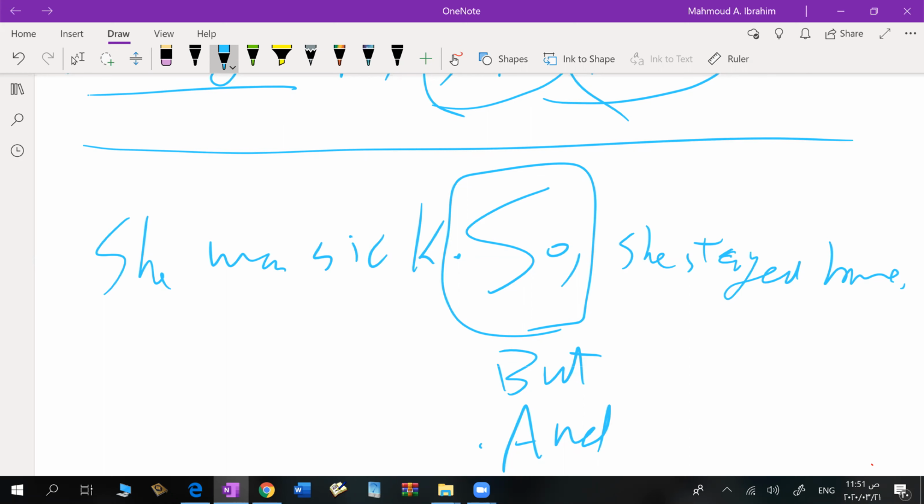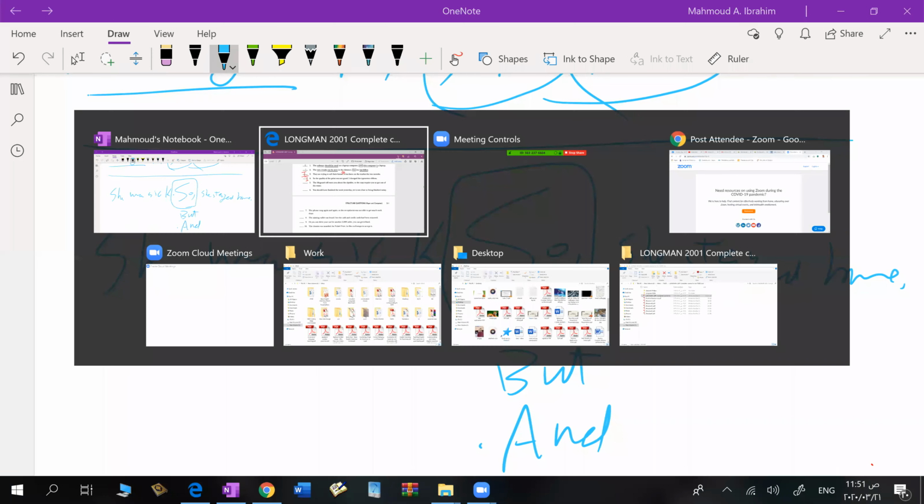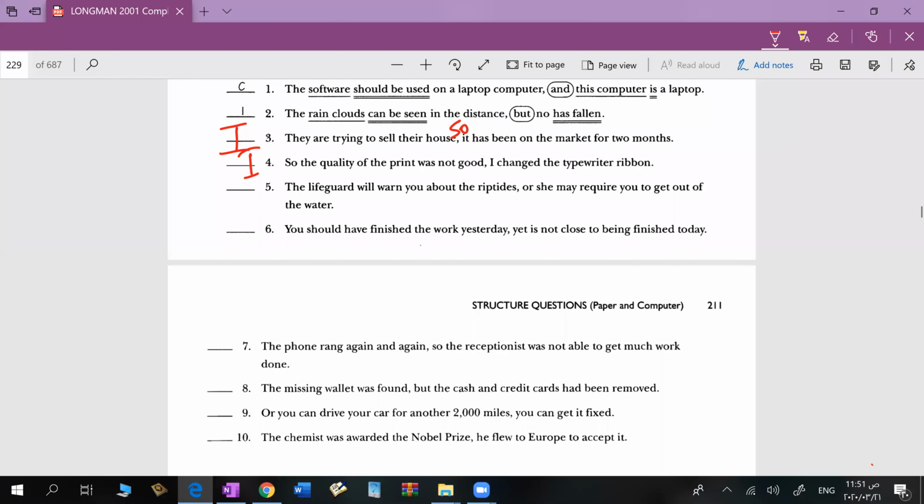This is the only way they can be used. Anything else is incorrect. So do not start a sentence with so. Do not start a sentence with and. Do not start it with but or. Okay? Do we all get it? Because I always see this error in IELTS writing and TOEFL writing.